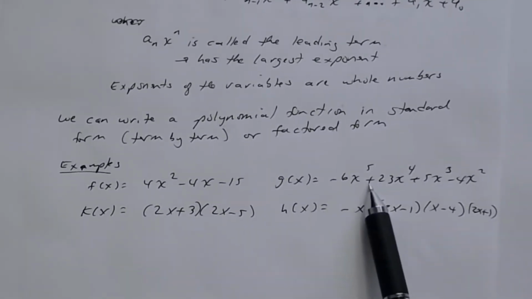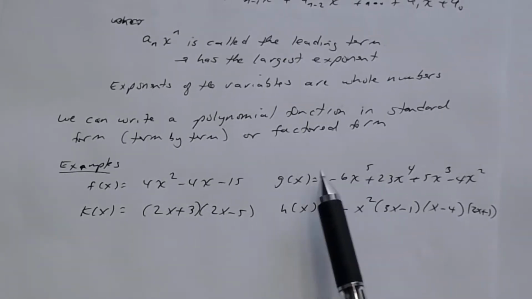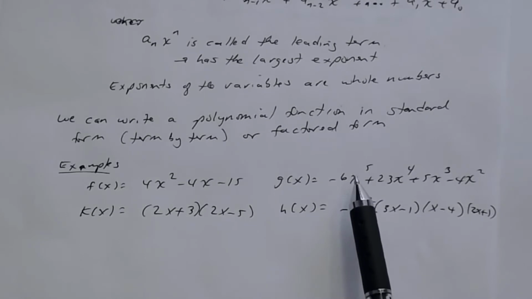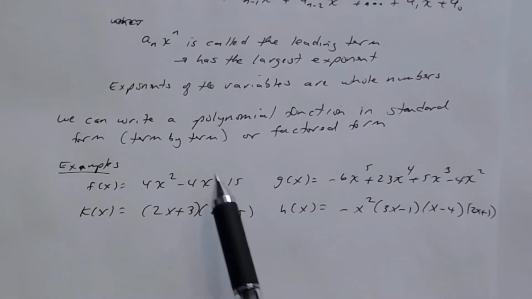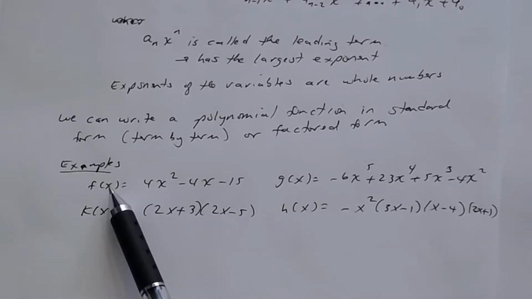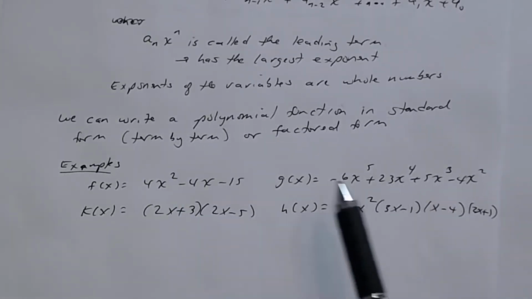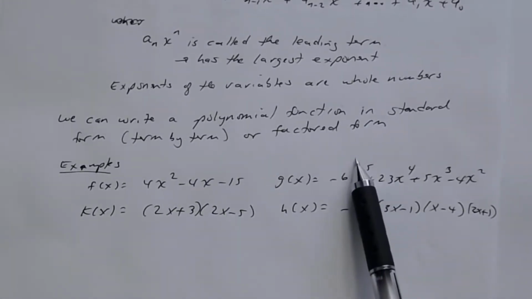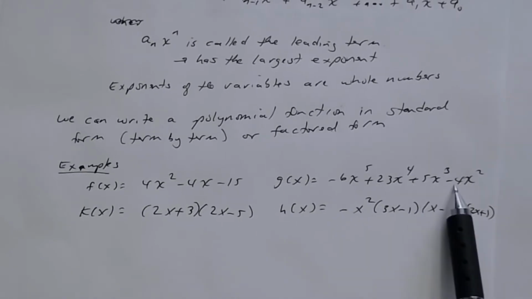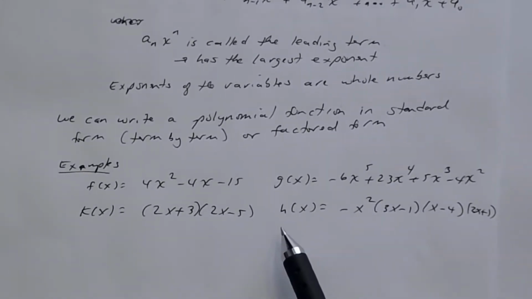And over here, negative 6x to the 5th would be the leading term of this polynomial, not because it's listed first, but because it has the largest exponent. So the degree of f of x is 2, because that's the largest exponent you see, and the degree of g of x is 5, because that's the largest exponent you see.